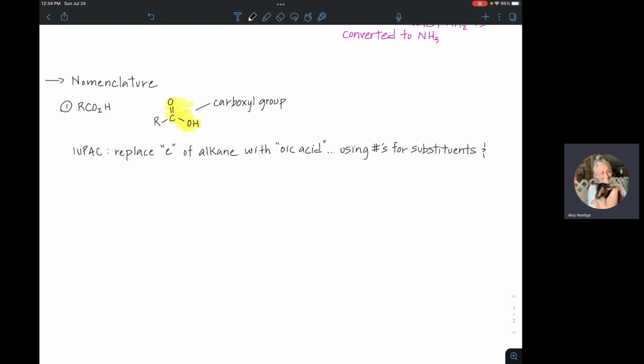And you should know that carbon number 1 is always the carbonyl carbon. So you start counting from there.